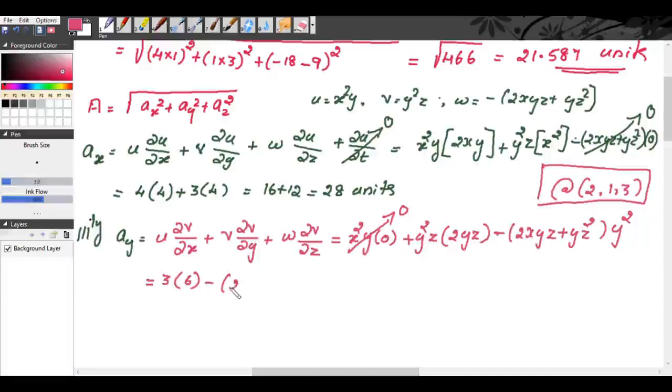Minus 2 into x is 2, y is 1, z is 3. Minus y is 1, z is 3, 3 square into y square, that is 1. We get 3 6s are 18 minus 12. Is there any mistake?